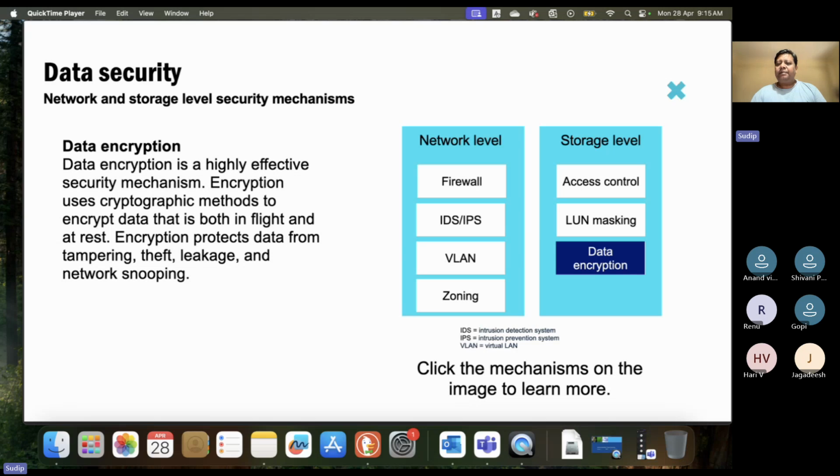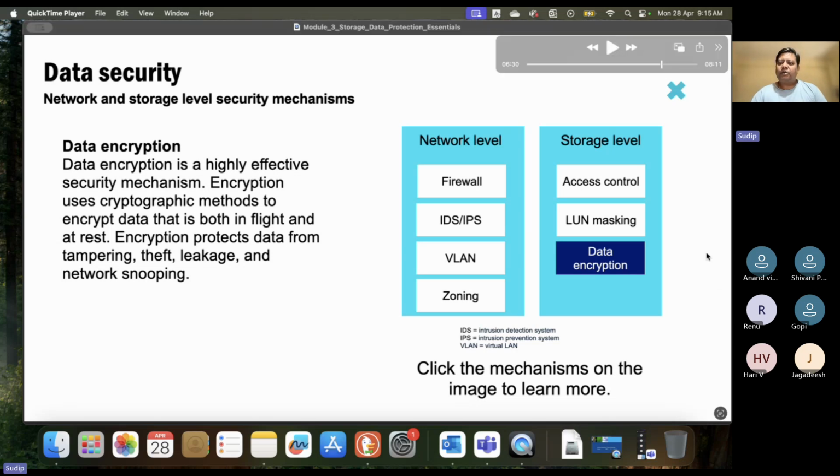But until such time, whenever we refer to encryption, we will refer to that traditional method. And whenever we find a newer way, I will point it out to you that this is the newer way of encrypting the data. Any questions on what is encryption, where it is used, how it is used?